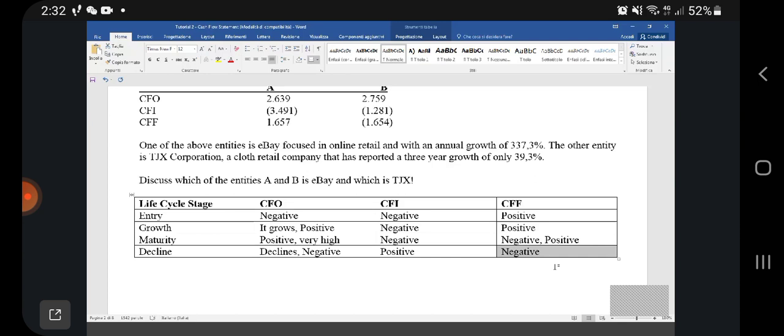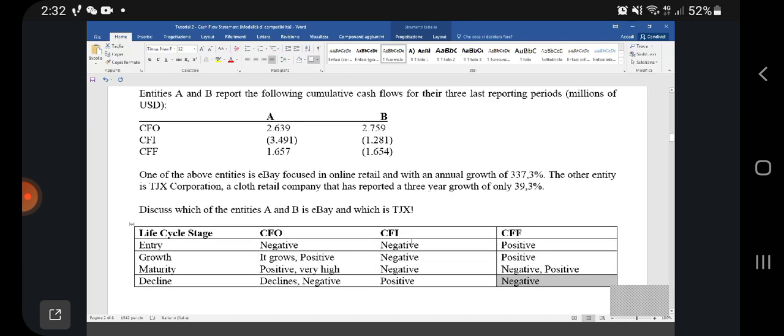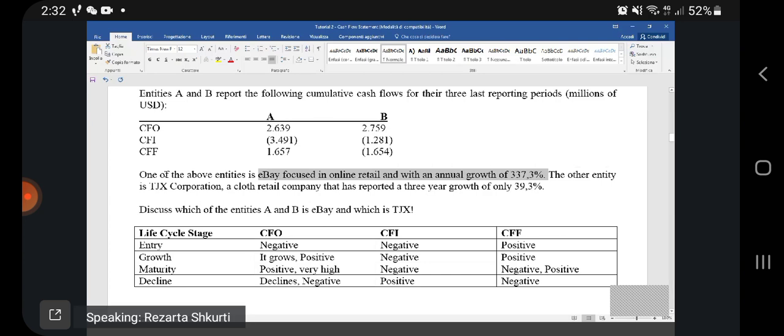Now let's go back to our two companies over here. Obviously, eBay is in the growth stage, right? Do you agree with me? So eBay is in the growth stage, and the other company, TJ Corporation, is in the maturity stage.